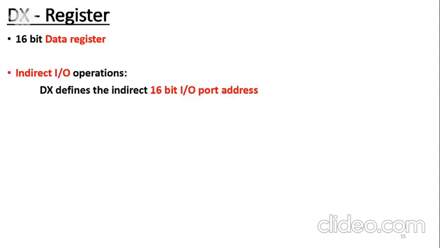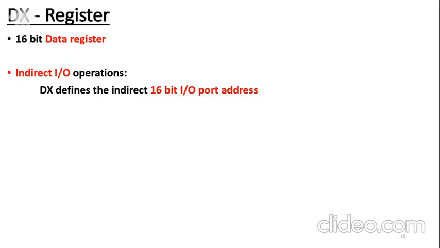Now the next is the DX register. It stands for data register, 16-bit data register, D for data. Now where that DX register is used, its implied use is in case of indirect IO operation.